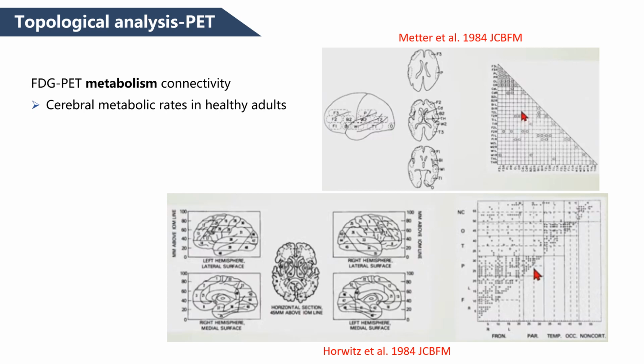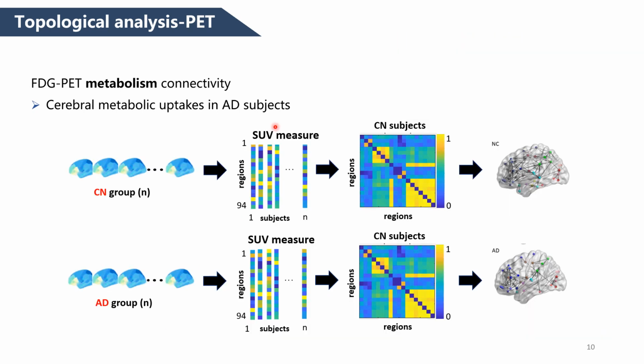Back to PET, pioneer works already did similar things back in 1984, which attempted to assess the glucose metabolic network for selected brain regions in healthy adults. This is even far earlier than the invention of the MRI, so there is no reason that we should not reconsider using it. But different from MRI, the limitation here is that topological analysis for PET only allows us to access group level information.